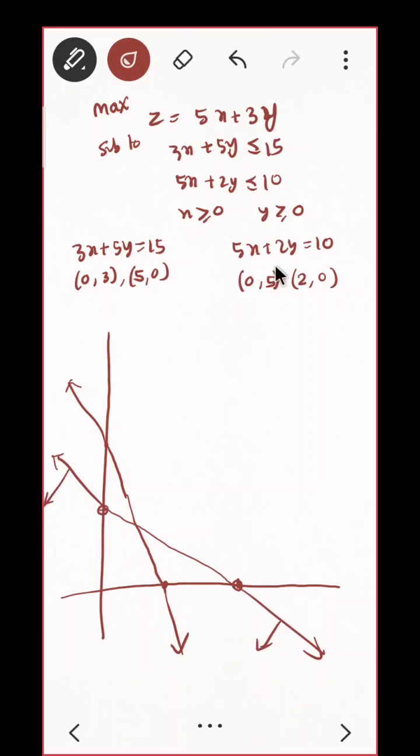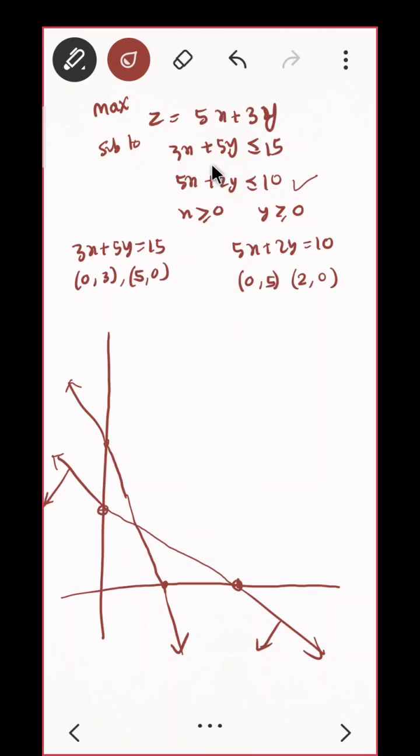And what about the next one? What about this one? If you put 0, 0 in the inequality, you don't have to use the straight line we just drew; that was only to find the line. We don't require that.